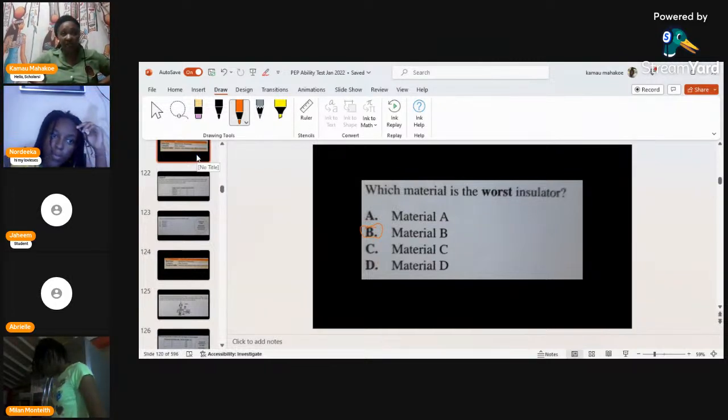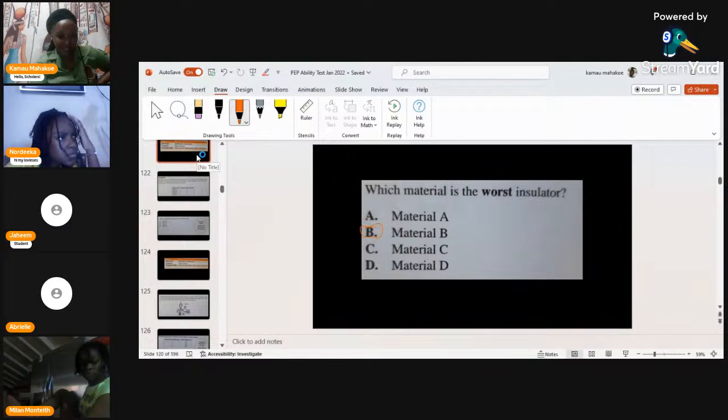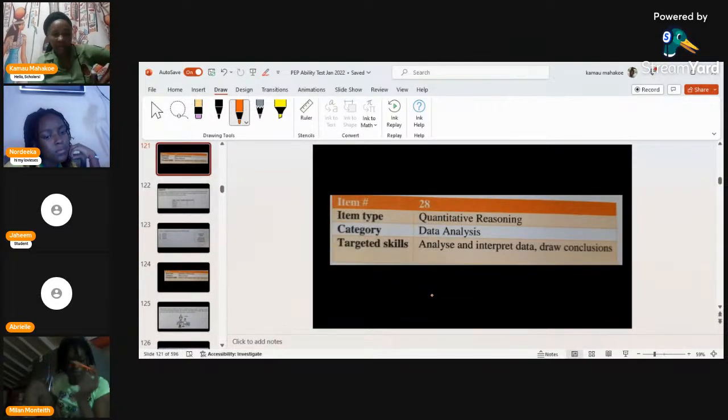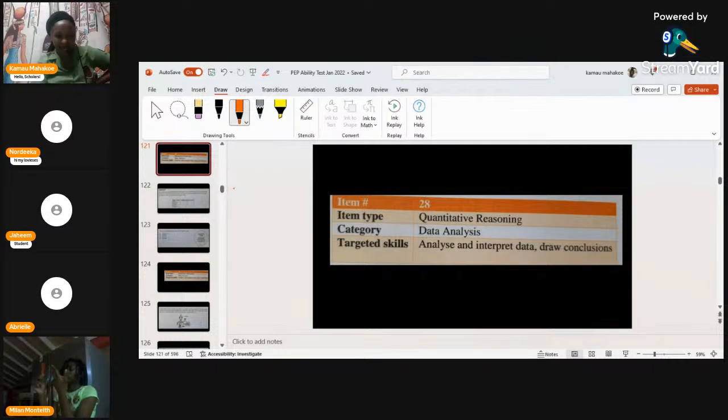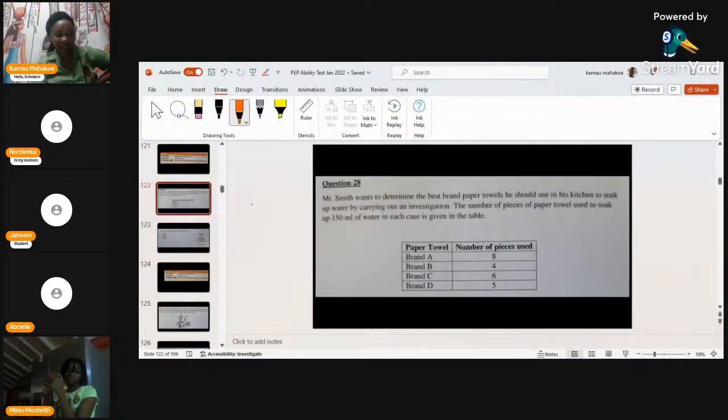They have to shop around to find the best material to package their goods so that their customers can be satisfied. For question 28, same targeted skills, analyze and interpret data. So you see, we have to sharpen these skills because they are tested a lot in the ability test.